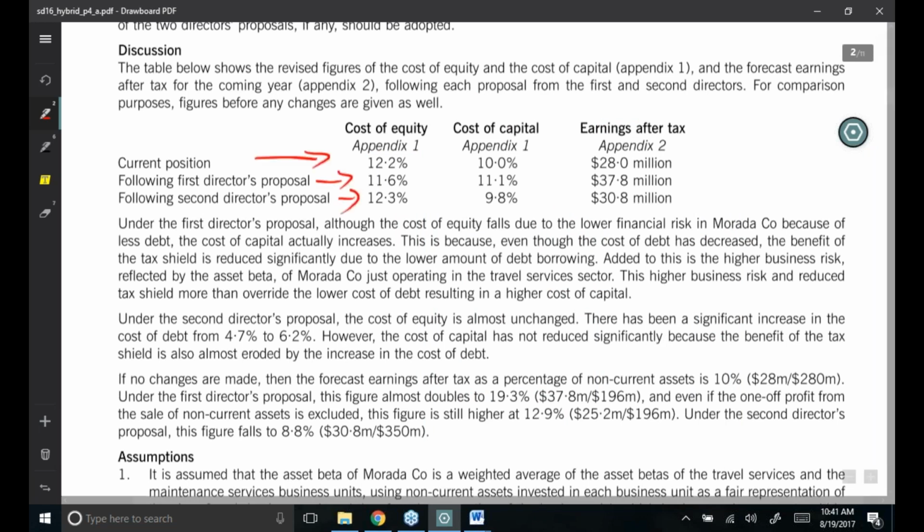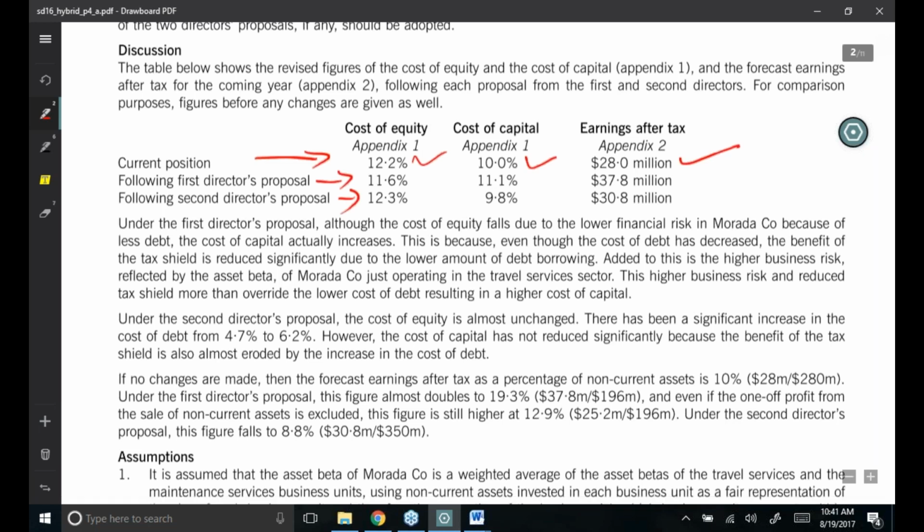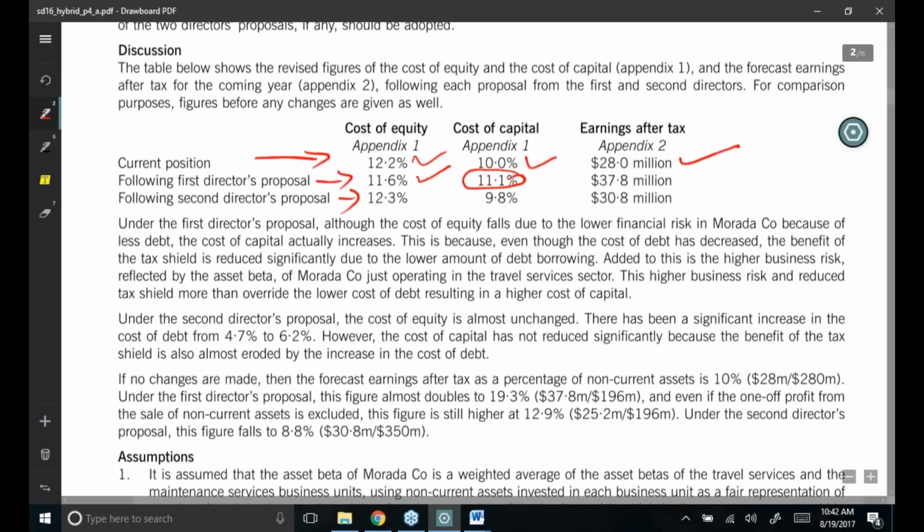According to the current position, your cost of equity is 12.2, your cost of capital is 10%, and your earning is 28 million. And according to the first director proposal, your cost of equity will slightly go down, but your cost of capital will go up. Why is your cost of capital going up?